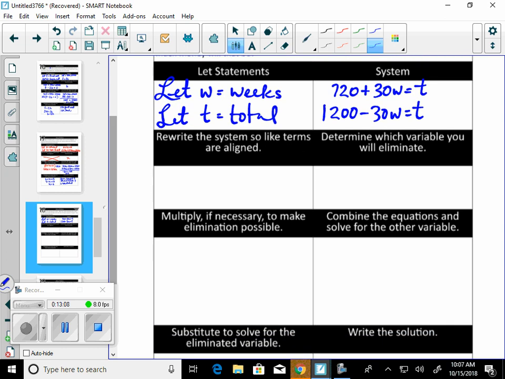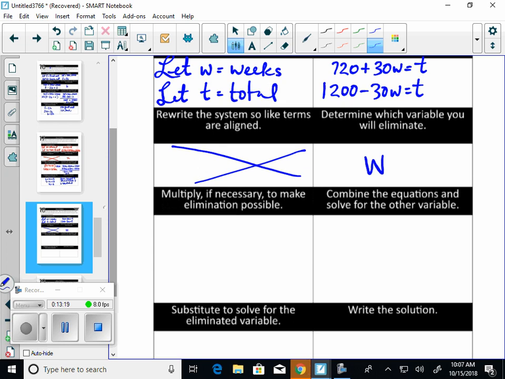So do I need to rewrite it? No, that's done. Which variable are you going to eliminate? The W. Do I need to multiply anything? No. So I can just stack them and solve.